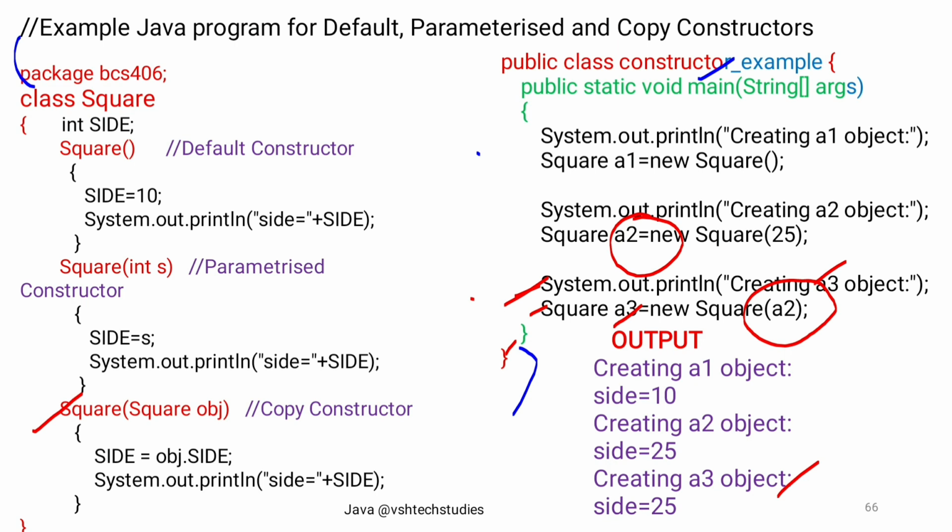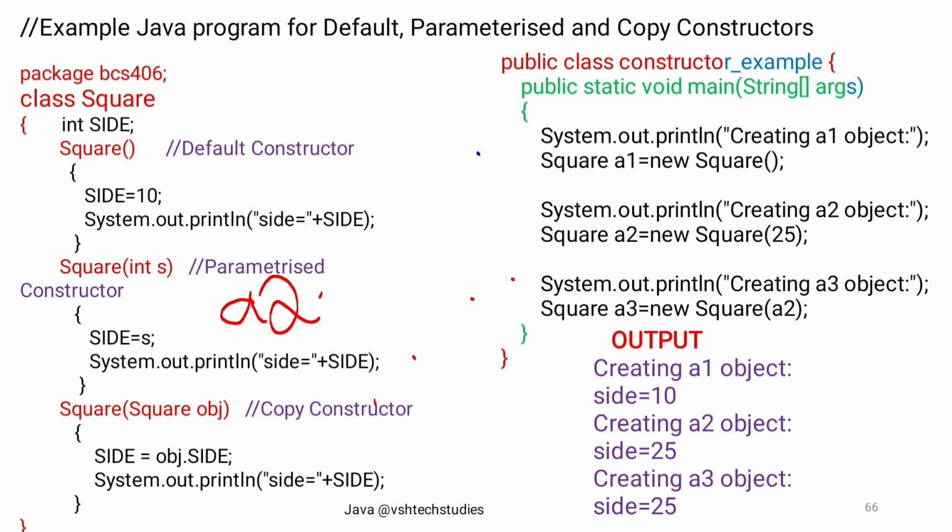So inside this copy constructor we have side equal to obj.side. So obj.side means here the a2 object is passed. So that is copied in obj here. Obj.side means a2.side.